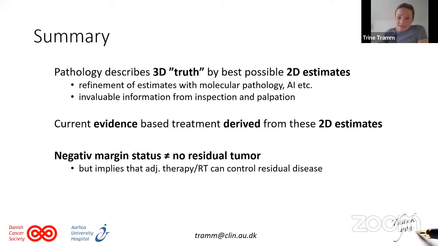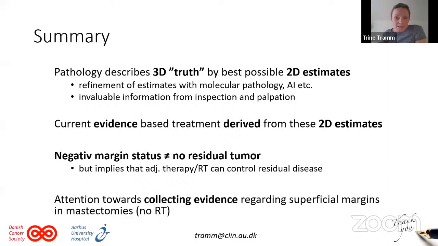Please remember that a negative margin status is not equal to no residual tumor, but implies that, for instance, radiotherapy can control this residual disease. And with the hope that we can together collect evidence regarding the superficial margin status in mastectomies, especially because these patients are patients who do not necessarily get radiation therapy. So with this, I will be happy to take your questions.